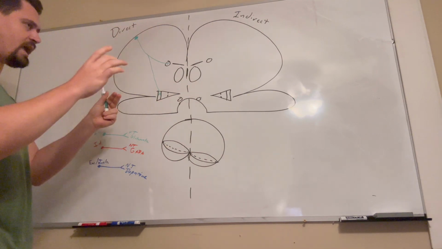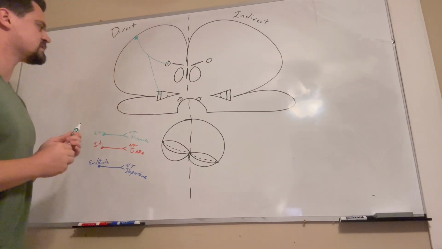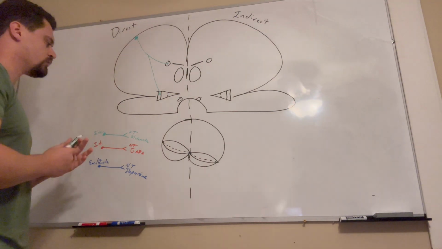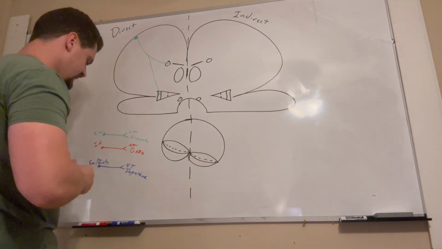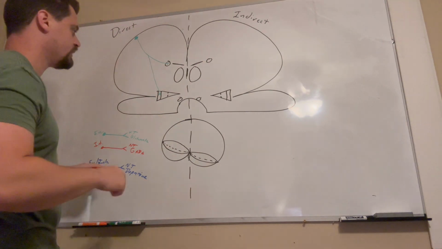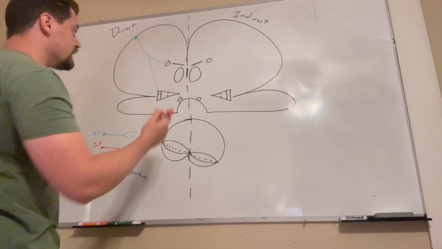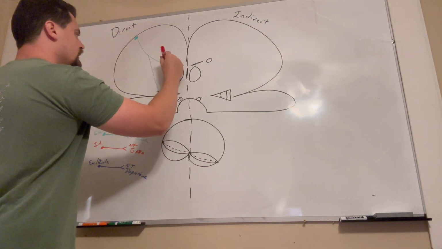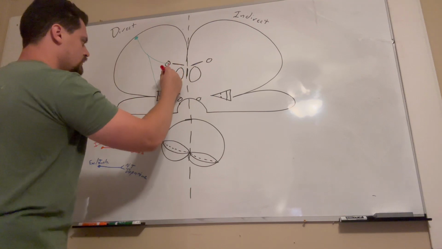And then it's going to also go to the putamen. So that is going to be an excitatory neuron, so it's going to release glutamate. And then it's going to synapse on an inhibitory neuron.